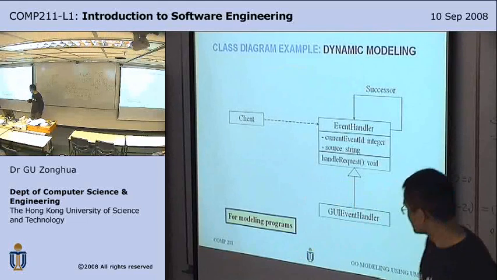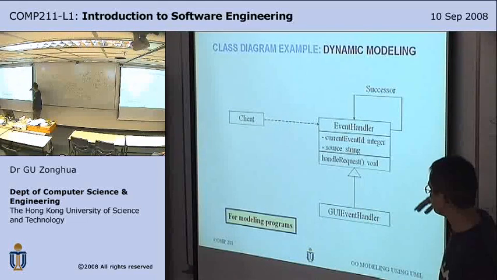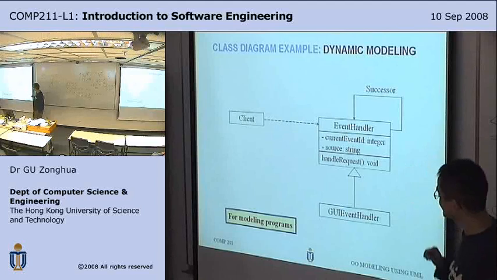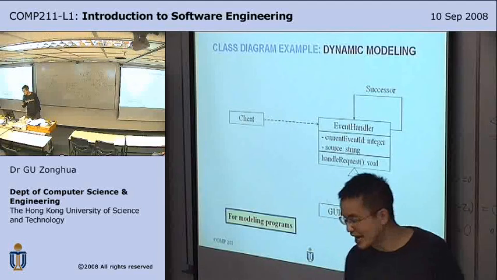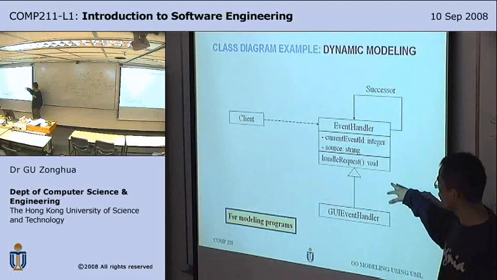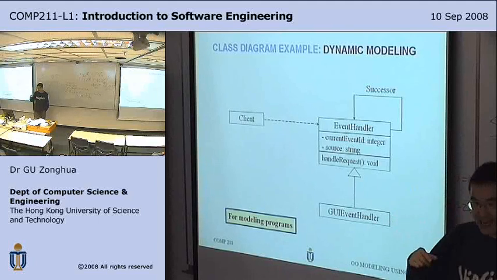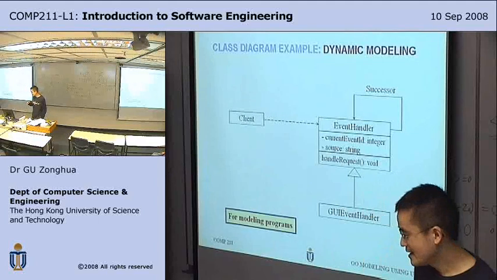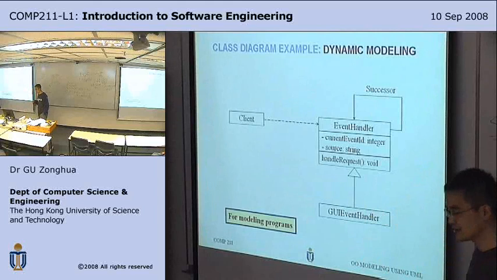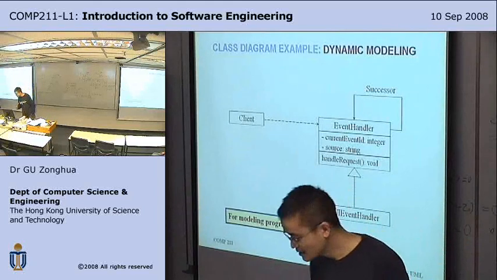The source is who sends the event, and the current event ID indicates the event ID. So you can imagine in the handle request implementation, you may do a switch case statement to invoke different code based on the current event ID.